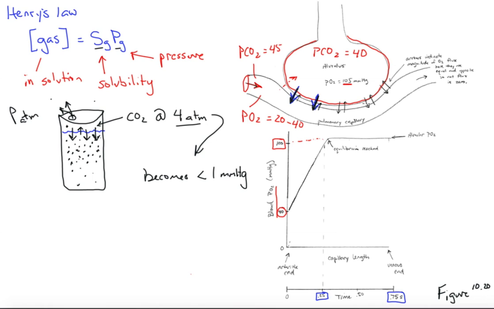So our blood is going to leave this pulmonary capillary equilibrated with the alveolar air, both the PCO2 and the PO2. The outflowing values would match the values in the alveolus, 40 and about 100 for CO2 and O2 respectively.